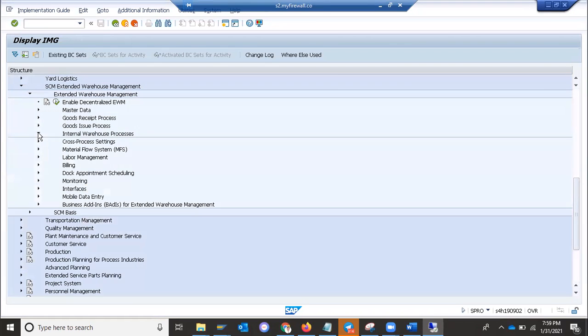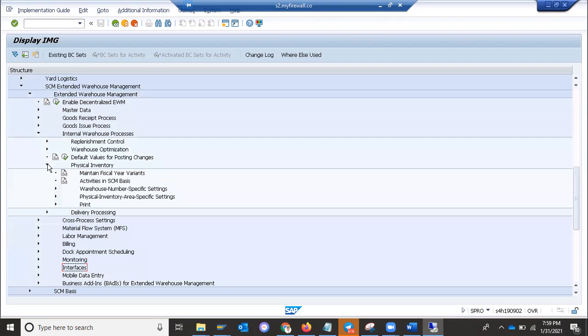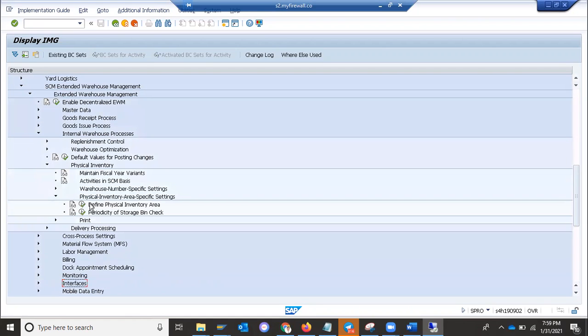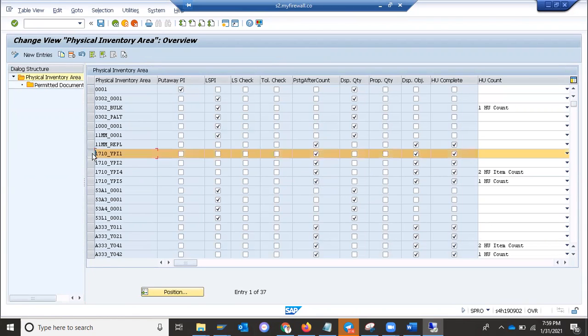Internal warehouse movement contains PI, replenishment, warehouse optimization, physical inventory, right? So physical inventory area, we need to define this particular area where we should do the physical inventory process, like one area this.